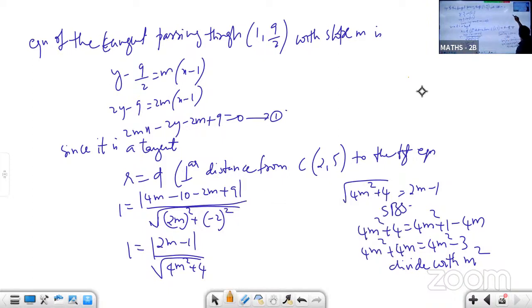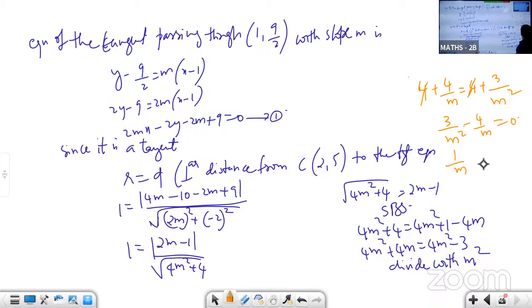So 4 by m square is 4, plus this is 4 by m, equal to again 4 plus this is 3 by m square.